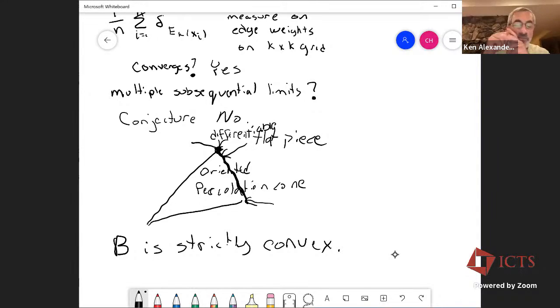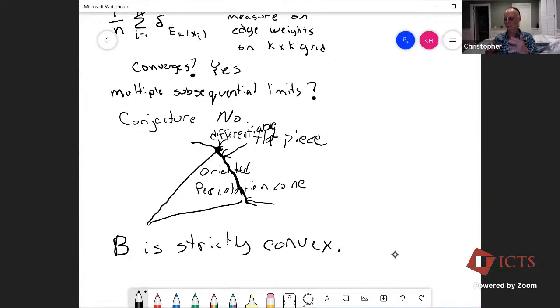Okay. So I can argue, kind of hand waving, that if it's not strictly convex, then my geodesic should wander back and forth close to one edge and close to the other edge, and that should give me multiple subsequential limits.